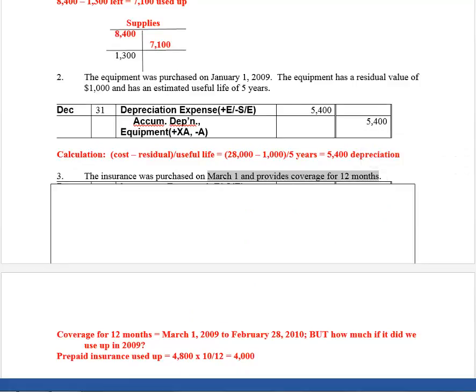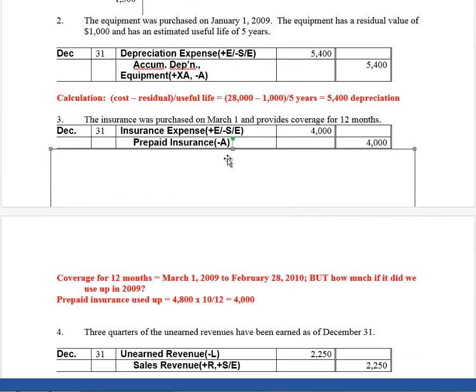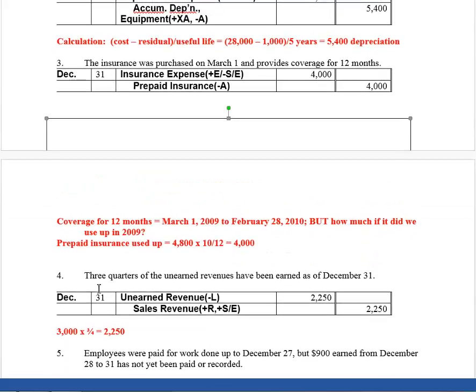So I have to figure out what's my new balance in the prepaid insurance account going to be. Well, I would say I'm using up $4,000 of prepaid insurance. How do I know that? Well, if you look down here, I know that coverage for 12 months goes from March the 1st, 2009 to February the 28th, 2010. But how much did we use up in 2009?